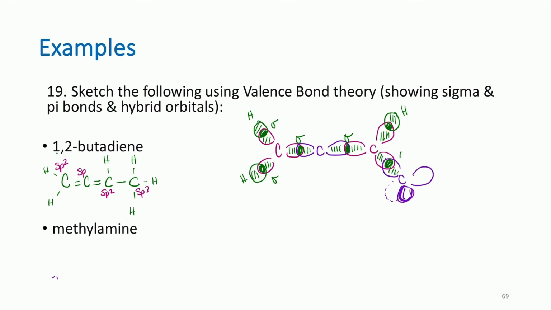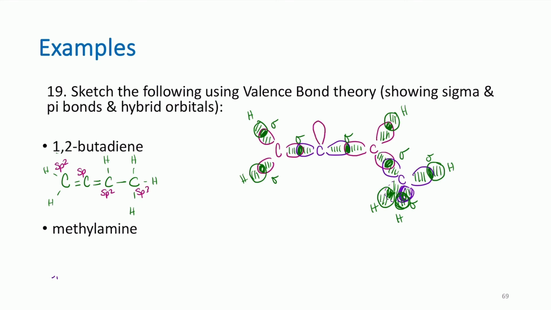Remember, sigma is that head-to-head overlap. Sigma bond to a hydrogen, sigma bond to a hydrogen, sigma bond to a hydrogen. So I got all my sigma bonds in, but I'm not quite done because I have pi bonds here.